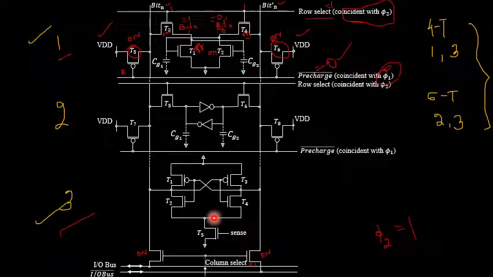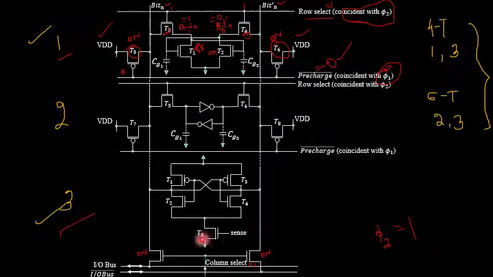In which you are having the transistor C1, T1, T2, T3 as well as the transistor T4, which, if I consider only this much part, is going to form a flip-flop circuit.